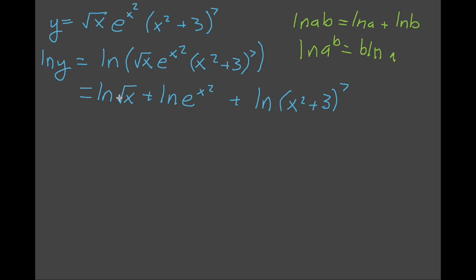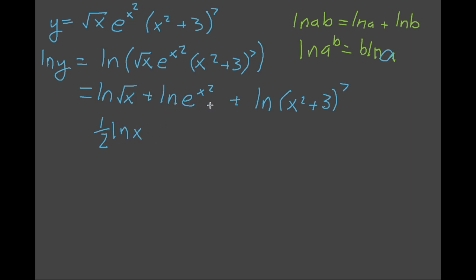So remember that the exponent for a square root is 1/2. So we can rewrite this as 1/2 natural log of x. So if this was x to the 1/2 power, we pulled down that exponent following this rule right here.